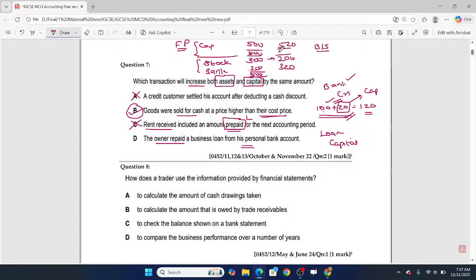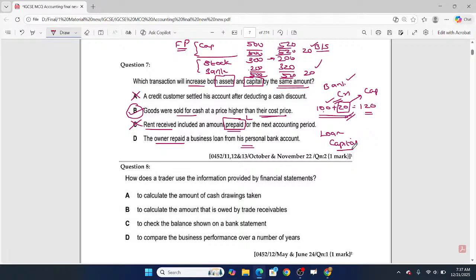Now the total of capital is 520, total of assets is 520. So assets increase by 20 and capital also increases by 20. This will be most suitable for this question: assets and capital increase by the same amount. So B is the right one.